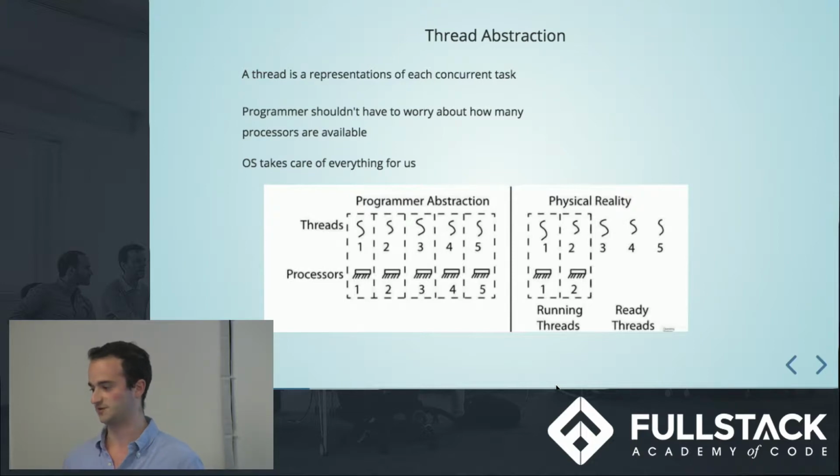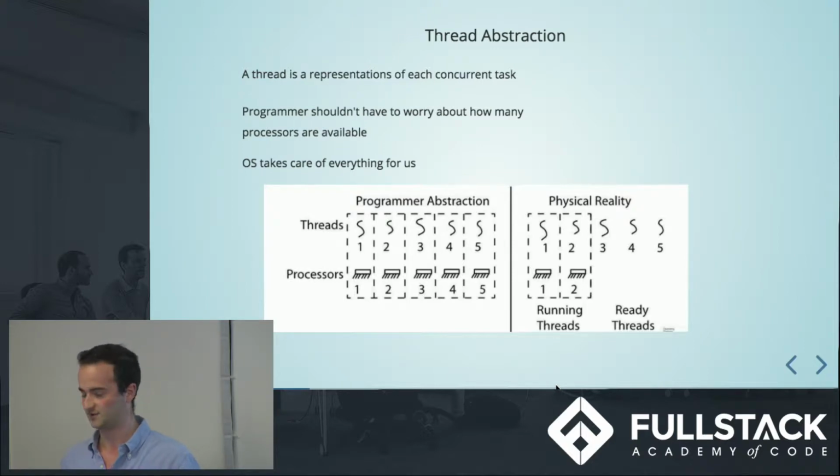As programmers, we typically are viewing the programmer abstraction. We don't really think about how many threads we're running or how many processors we have available. That doesn't really matter to us. We just write code, execute it, everything's awesome. But the reality is our computers only have so many processors, so not all of our threads or all of our programs can be running at the exact same time.